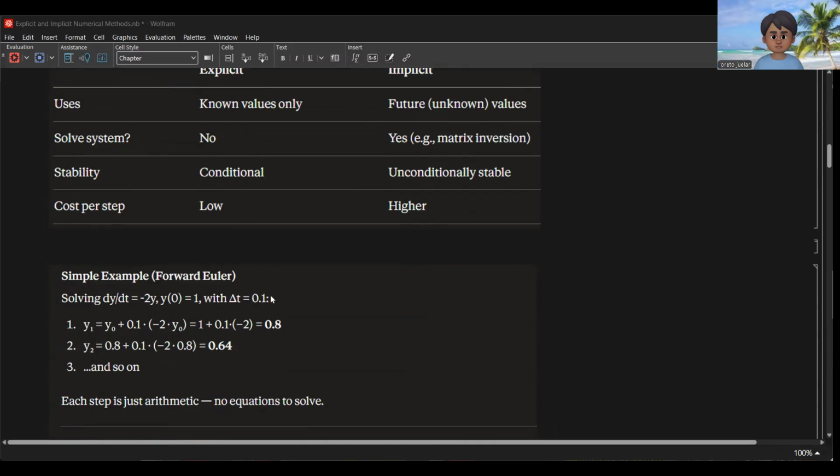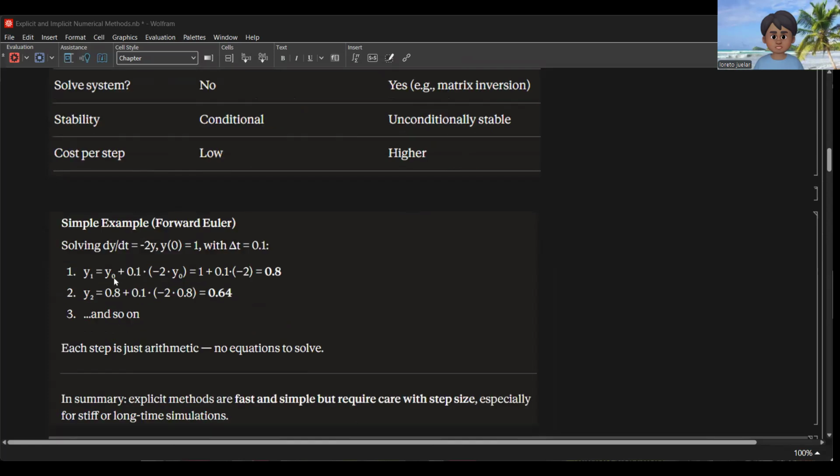So the step size here is 0.1. Then y_1 equals y_0 plus h, the step size, times f(t, y), which is the first derivative, -2 y_0.